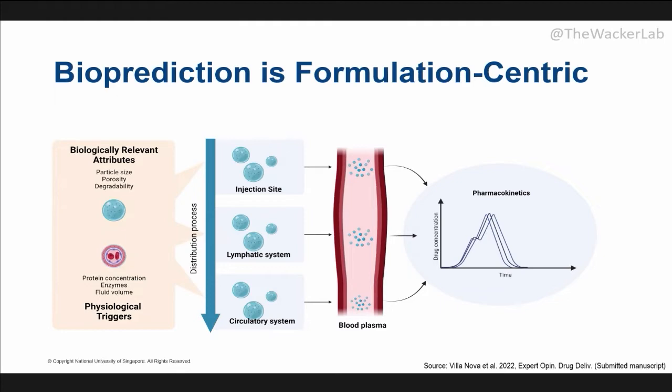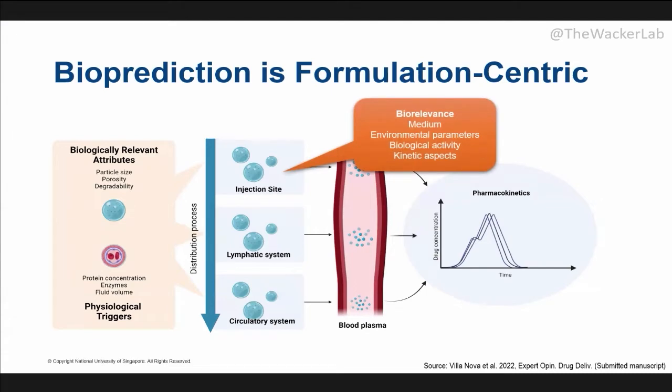In the past, I would say the major paradigm that we all the time had was the one of biorelevance. So we tried to mimic a particular administration route, for example, subcutaneous tissue or intravenous injection. And then we tried to mimic the environment as much as possible at this particular administration route. And then we explained based on that the pharmacokinetics.